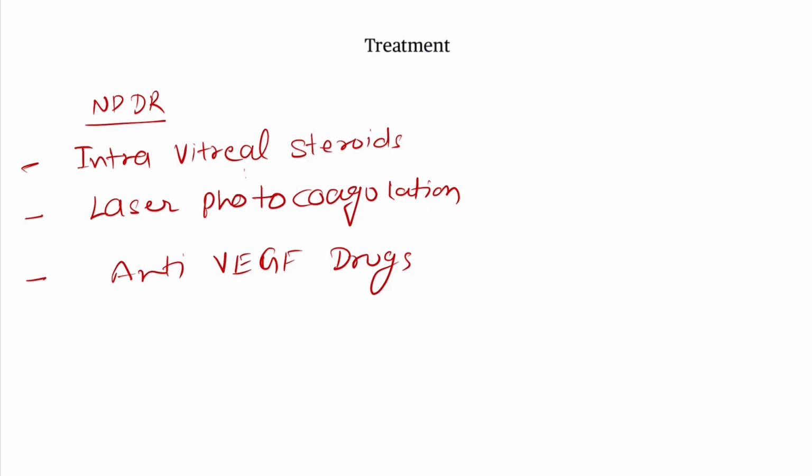How do we treat diabetic retinopathy? As you know, macular edema is a very important thing in NPDR. For that, we will use intravitreal steroids. We can use laser photocoagulation, and in laser photocoagulation, we use the double frequency Nd:YAG laser. Do you remember it? The name of the laser is Nd:YAG laser.